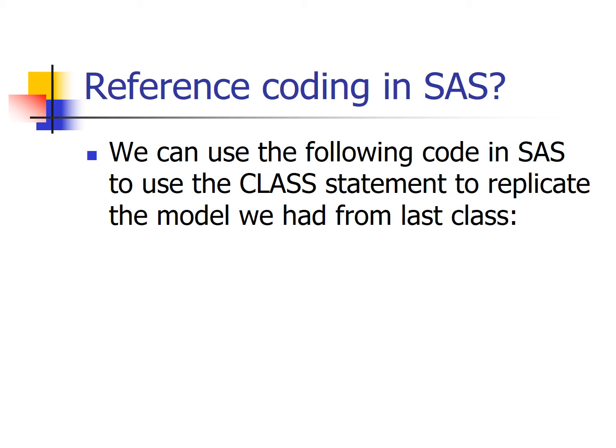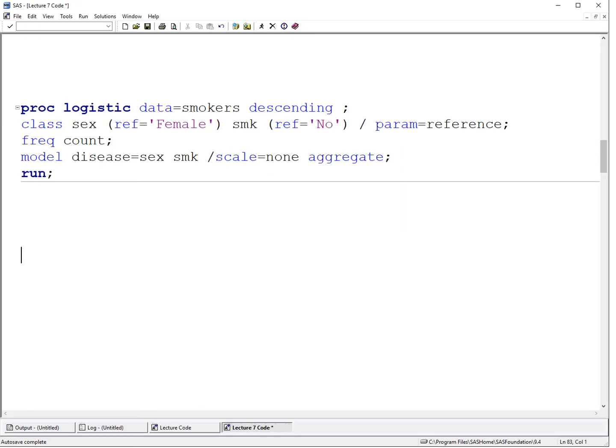So if we want to instead do reference coding, how? How can we override SAS's predilection for effect coding? Well, it's pretty easy. In the class statement, we use a slash and we write param equals reference. So the default is param equals effect.